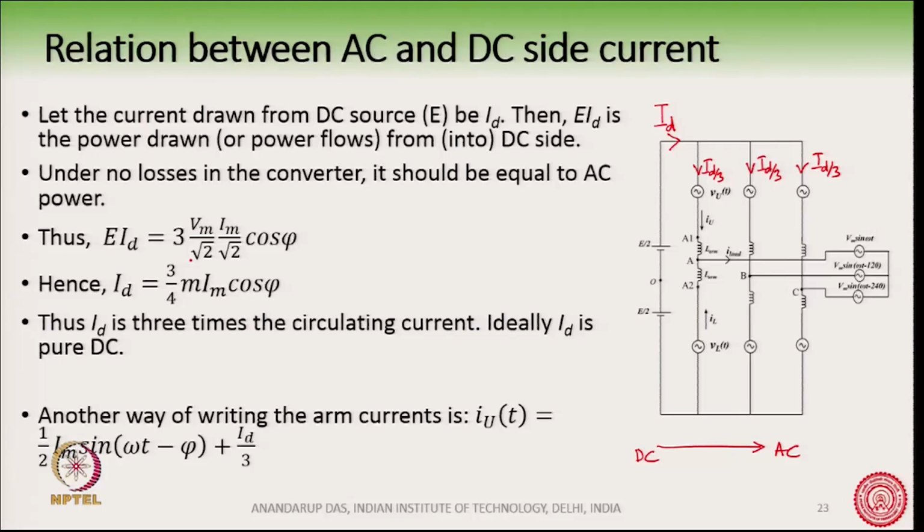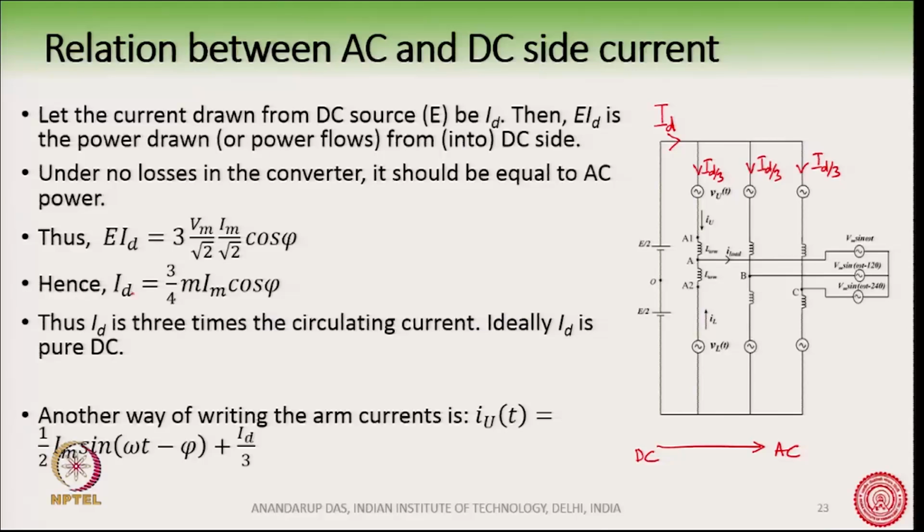So, the AC power flowing out of the converter is 3 V I cos phi, and the DC power which is flowing into the arms is equal to E ID, and these two must be equal, because if you are assuming an ideal converter and the capacitors are perfectly balanced, there is no energy loss anywhere.